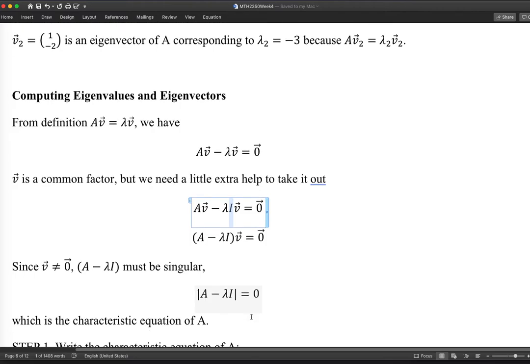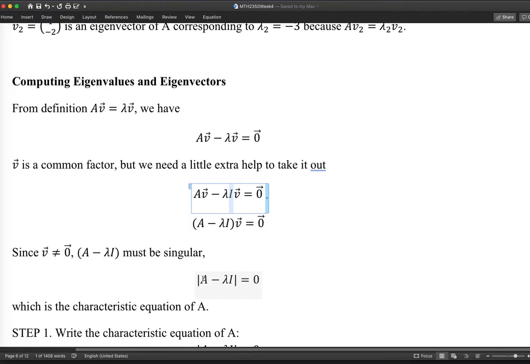And indeed, we call this the characteristic equation of the matrix A. Think very carefully, can you tell what a characteristic equation is? I say it is a polynomial equation.